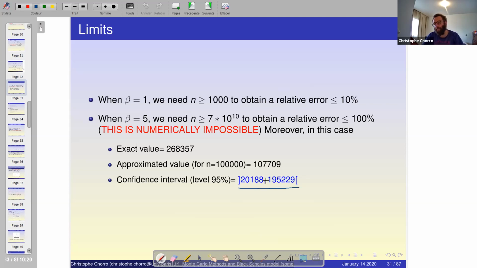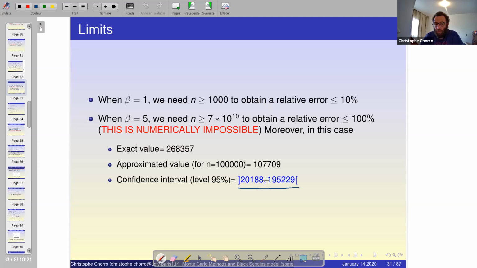I repeat that I won't do in this course a complete course on Monte Carlo methods. I will just show you next session how I can use them in practice to price and to hedge in the Black-Scholes model.